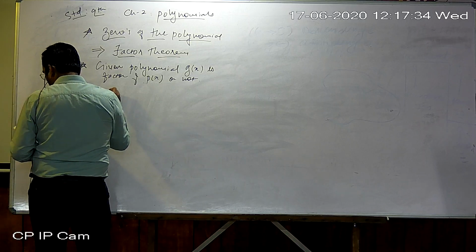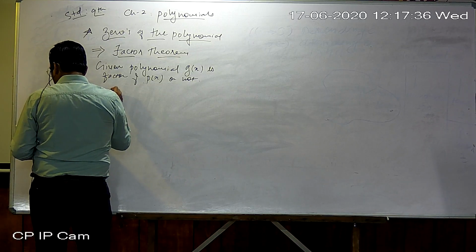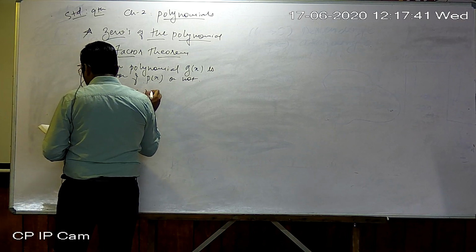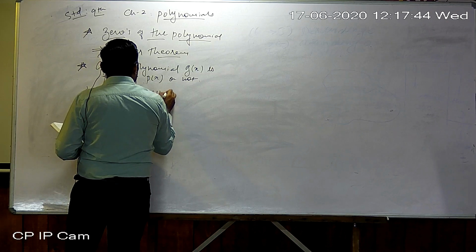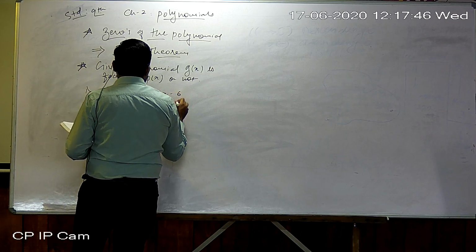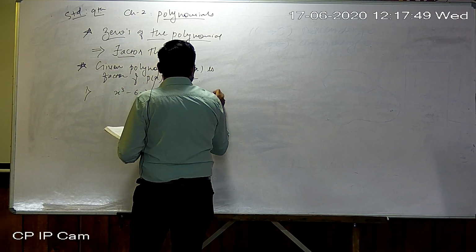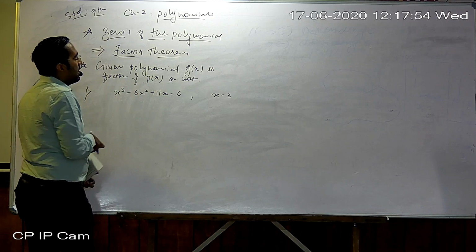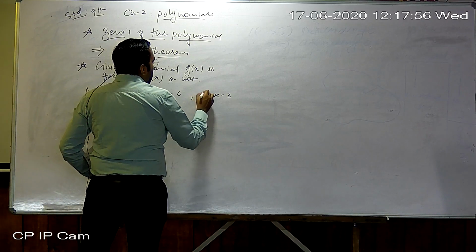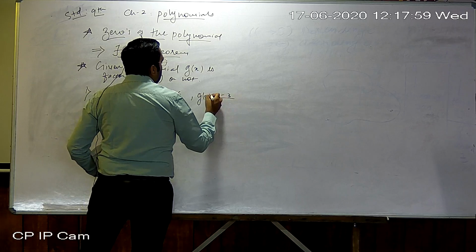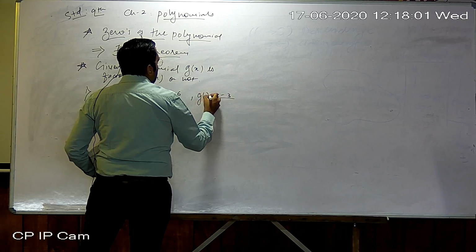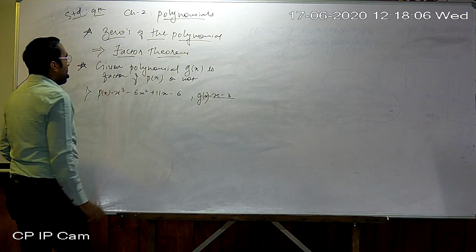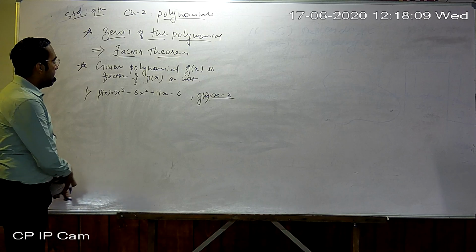One of them is x cube minus 6x square plus 11x minus 6, and the second polynomial is x minus 3. So now I'll consider g of x equal to x minus 3 and p of x as x cube minus 6x square plus 11x minus 6.